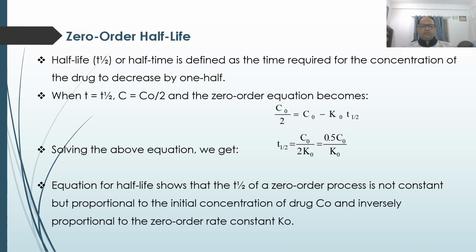The equation for half-life shows that the T half of a zero order process is not constant but proportional to the initial concentration of the drug C0 and inversely proportional to the zero order rate constant K0. So T half is directly proportional to C0 and inversely proportional to K0, which is constant. So this is about zero order kinetics.